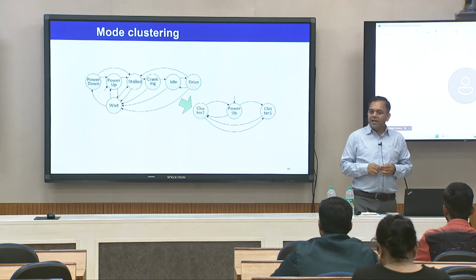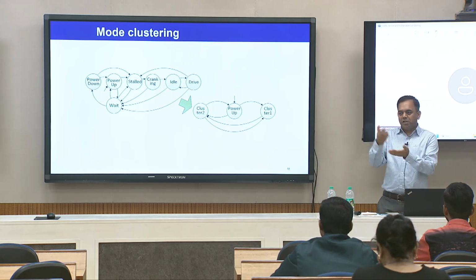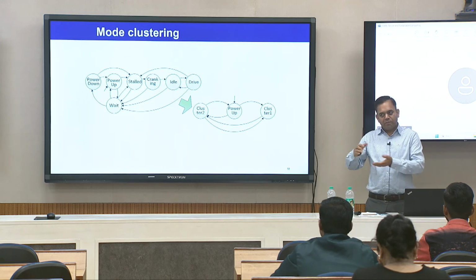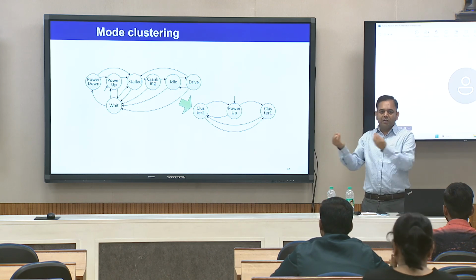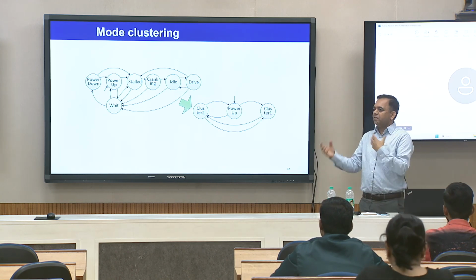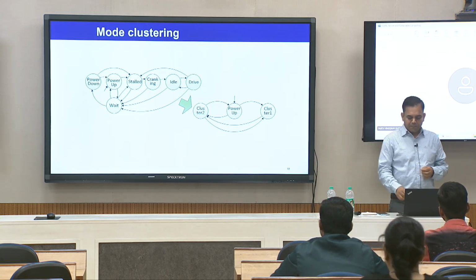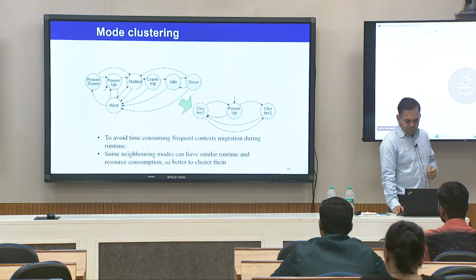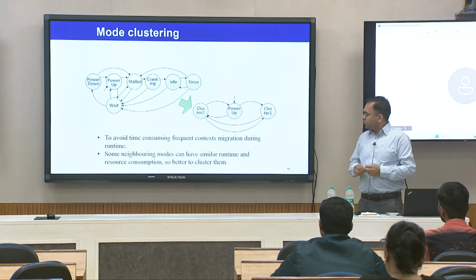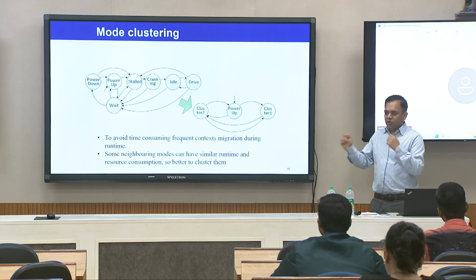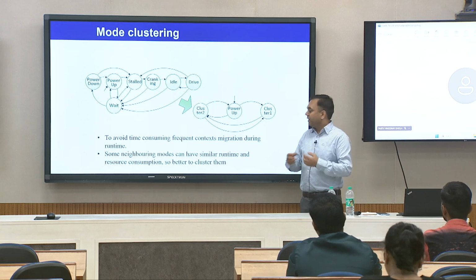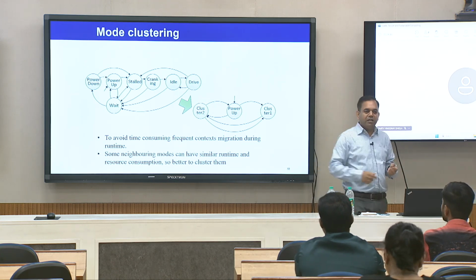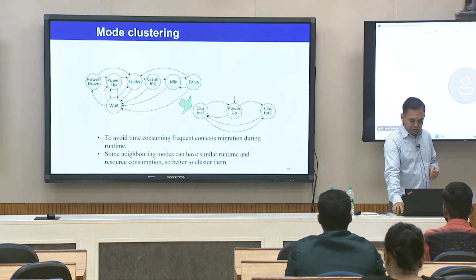If you are driving from 0 to 20 or from 20 to 40, there is no need for two modes. They can all be combined because the behavior is more or less the same. This is to avoid a lot of context switching, and neighboring modes are quite similar, so there's no need for separate modes.